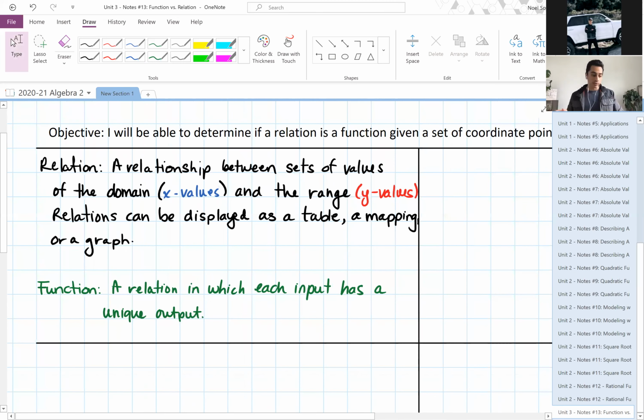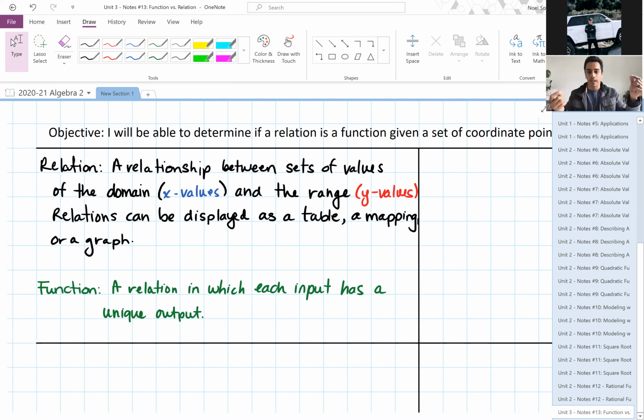All right. So relation is general. Anything as long as I have an X value and a Y value, that's a relation. And then that could be displayed in a table. It could be in a mapping. It could show up on a graph, right? But a function needs to have one input go directly to one output. And that must be a unique output.